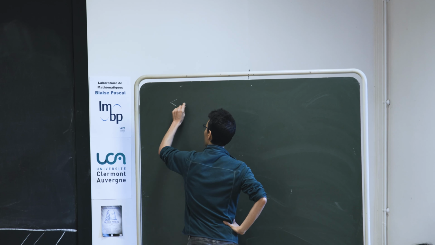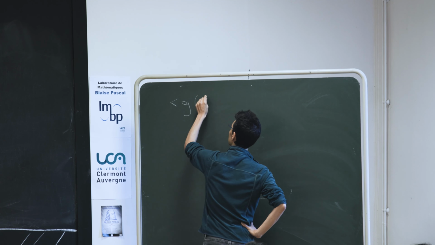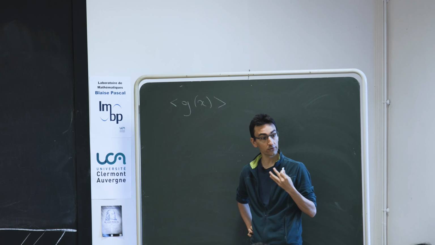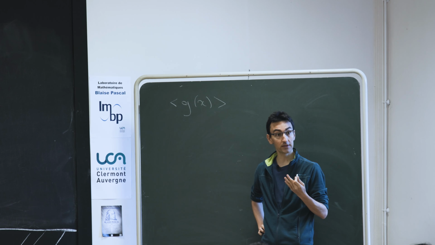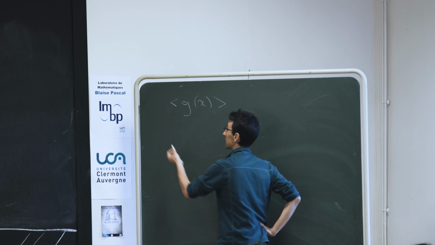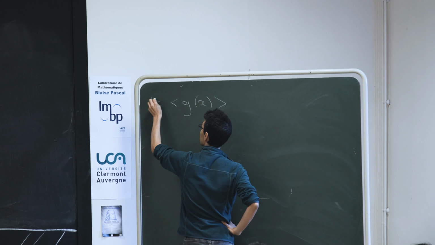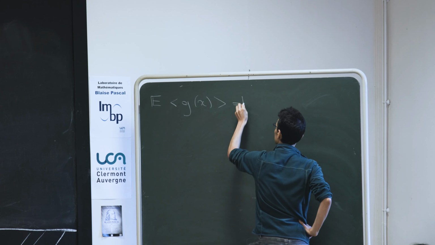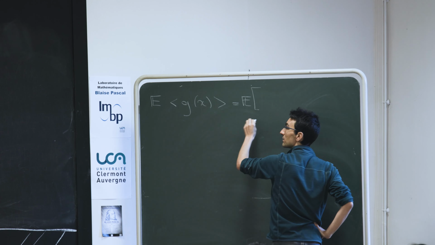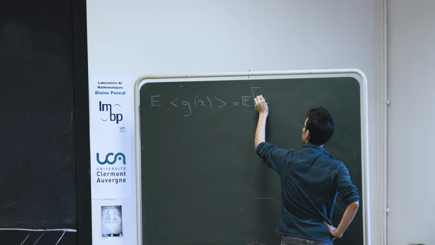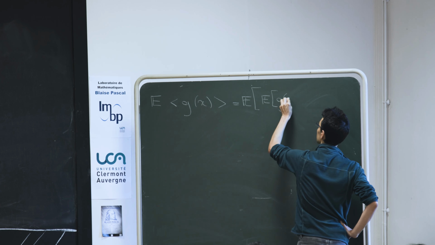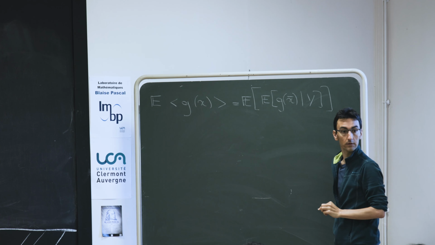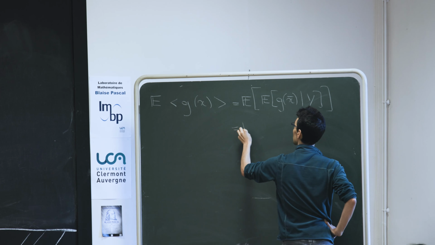So now we have this quantity g of x averaged under the Gibbs measure. As we have discussed, this is still a random quantity. It depends on x bar and w. So I can take its expectation with respect to these guys. And by definition, this is the same as this, which is the same as the expectation of g of x bar.